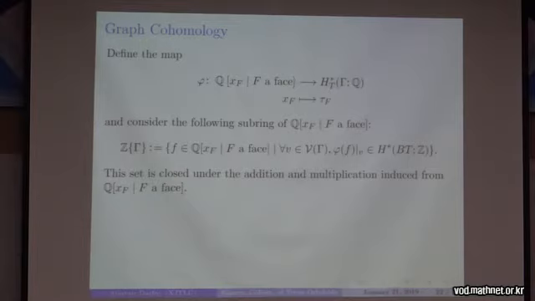We first define this ring with rational coefficients, and we have a generator for each face of the graph. And we map each of these generators to the Thom class of that face. And now this is in rational cohomology.